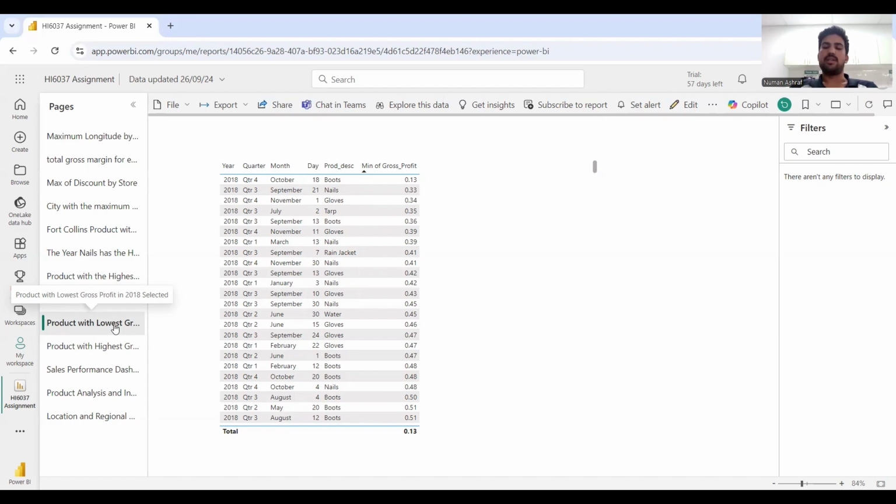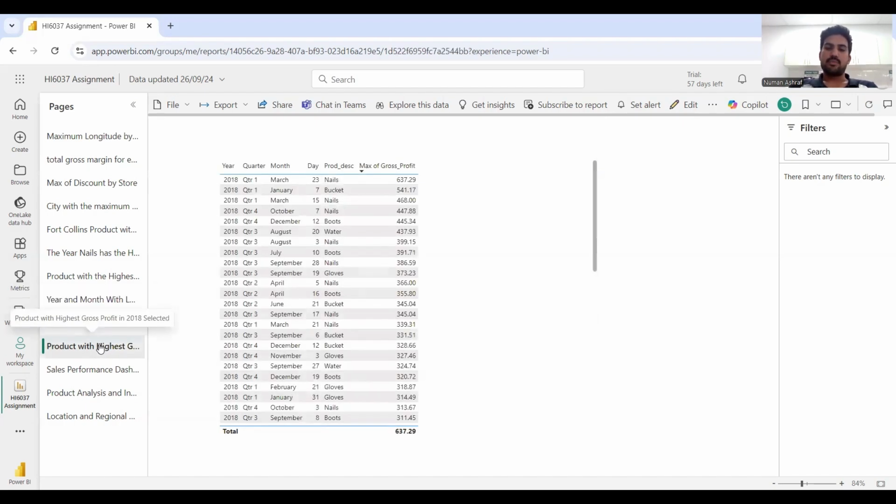And the next part is product with highest gross profit in 2018. For the evaluation of the product with the highest gross profit, I used the maximum analysis feature to determine the result. Before conducting the above process, I first selected the necessary columns including the date, product description, and gross profit columns.